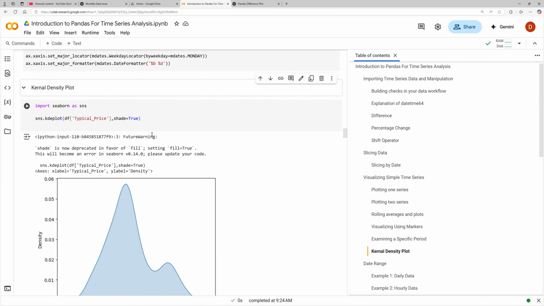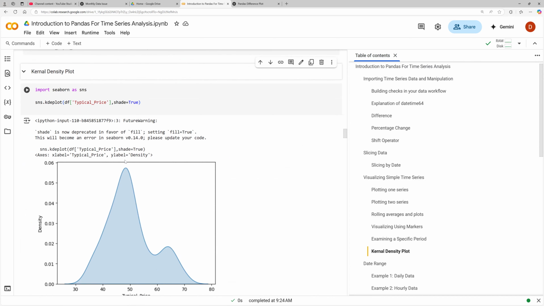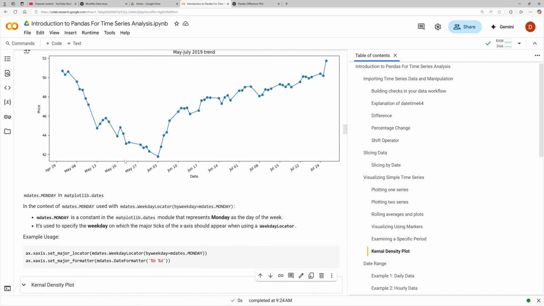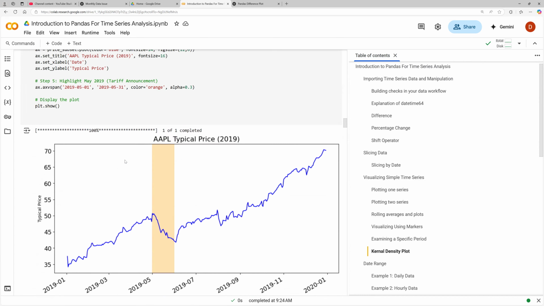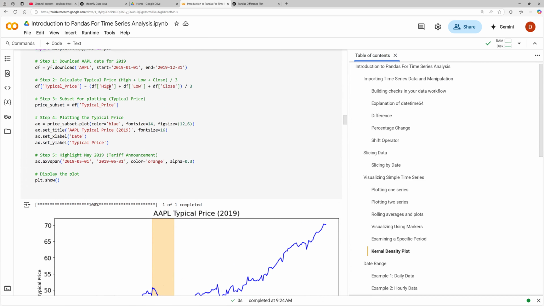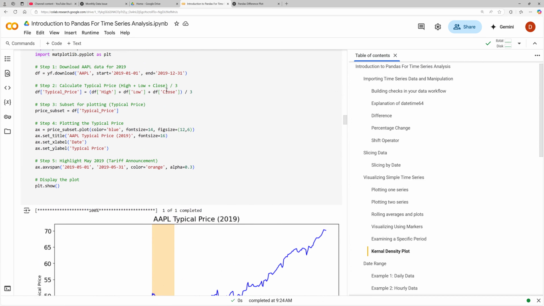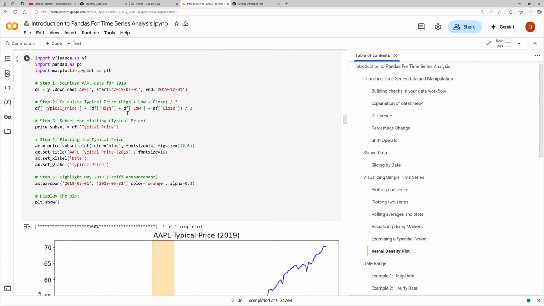Here's a kernel density plot of the prices. I call it typical prices here because I've averaged the high, the low, and the close, if you didn't catch that earlier on.